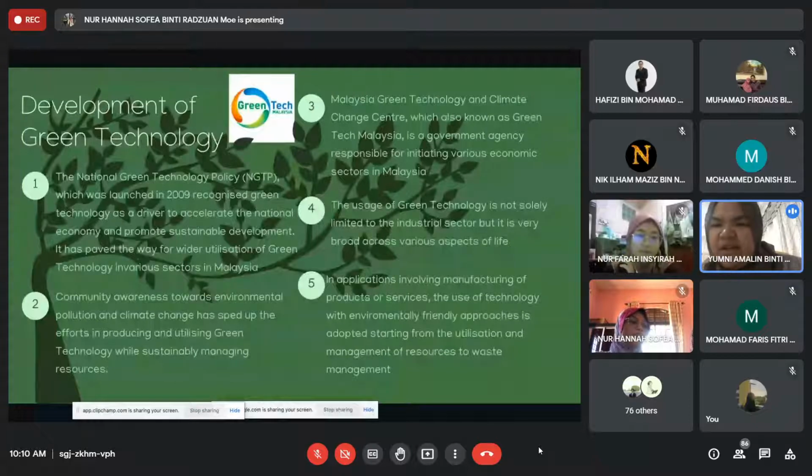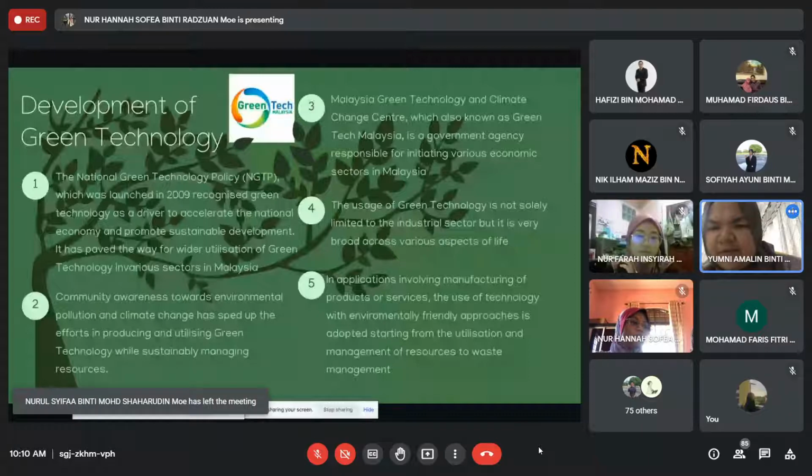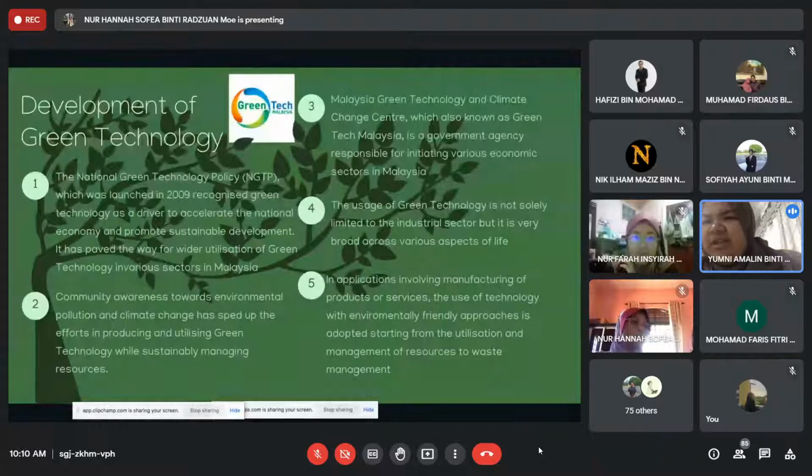Community awareness toward environmental pollution and climate change has sped up efforts in producing and utilizing green technology while sustainably managing resources. So Malaysia Green Technology and Climate Change Centre, which is also known as Green Tech Malaysia, is a government agency responsible for initiating various economic sectors in Malaysia.